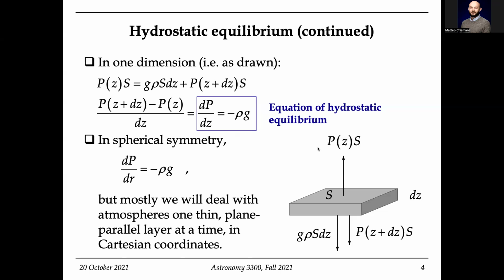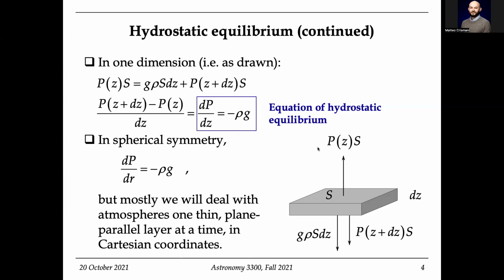We multiply both sides by negative. Let's do this and this. So that means that negative rho G is the derivative with respect to z of pressure. Very good.